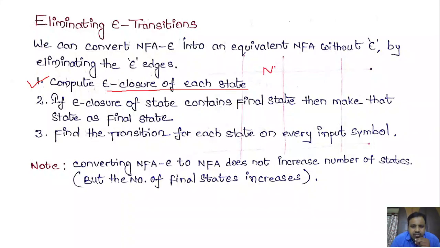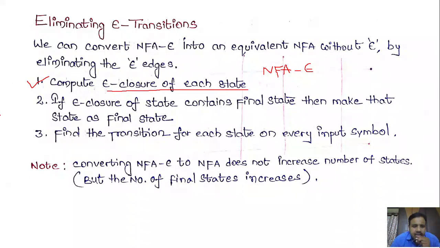Whenever you are given a problem in which you need to convert the NFA with epsilon into the NFA without epsilon, first you have to compute the epsilon closure of each state in the NFA with epsilon.